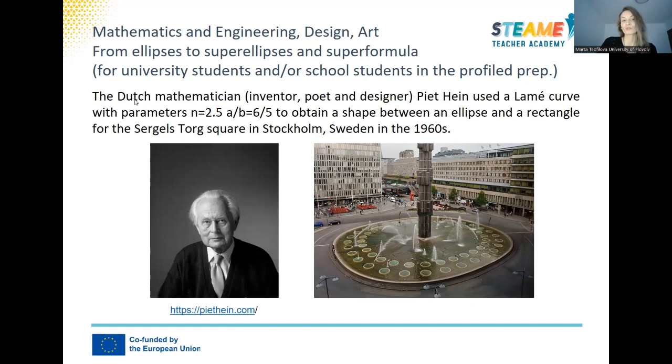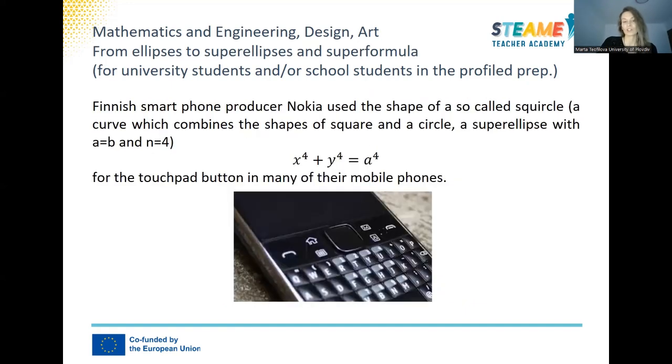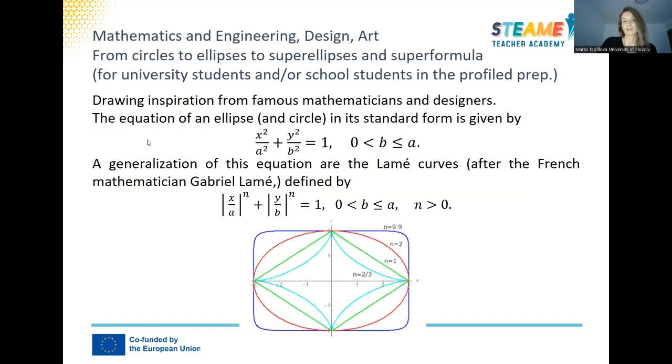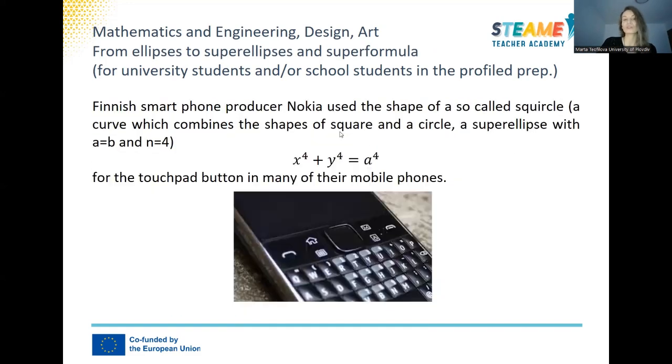The so-called Sergels Torg square incorporates the forms of an ellipse and square, rectangle to be more precise. And this equation of a Lamé curve was also used by the Finnish smartphone producer Nokia to shape the central button of their mobile phones.